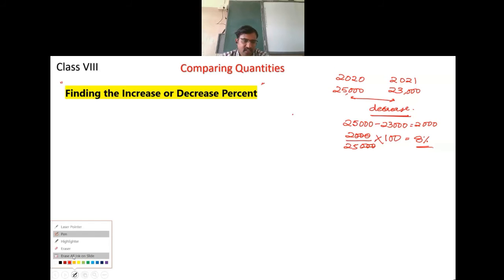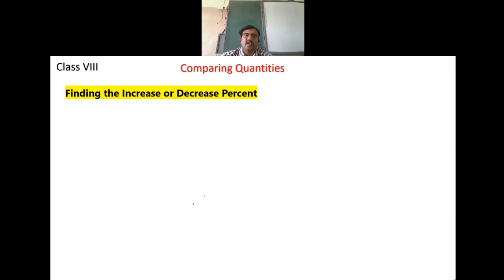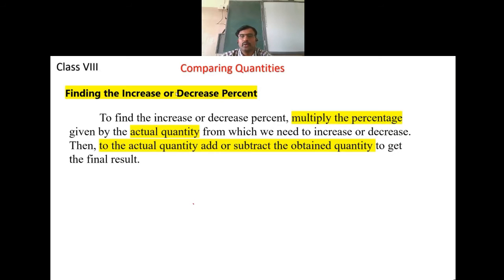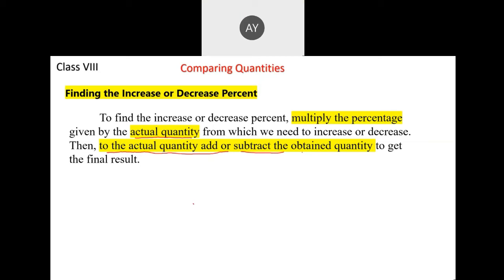I'll give a statement for increase and decrease percentage. To find increase or decrease percent, multiply the percentage by the given actual quantity from which we need to increase or decrease. Then we add this to the actual quantity or subtract it from the actual quantity to get the result.